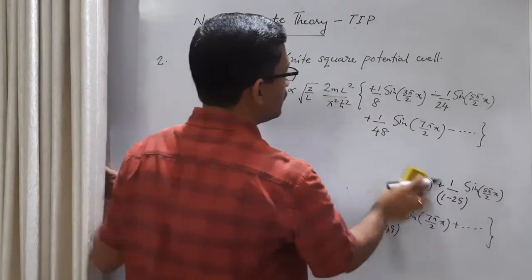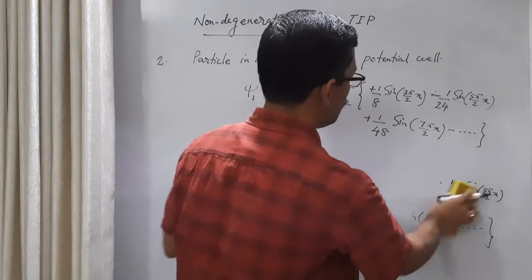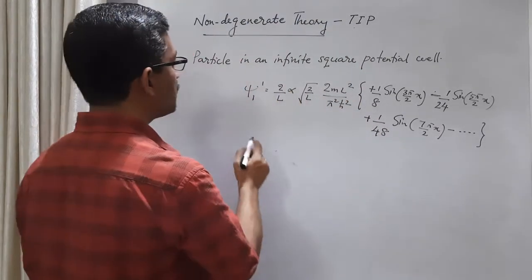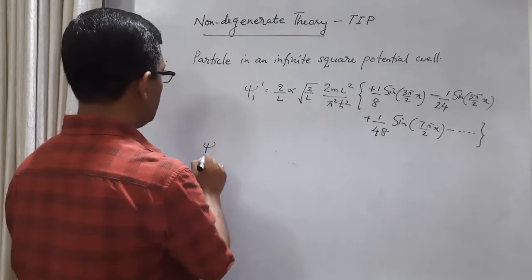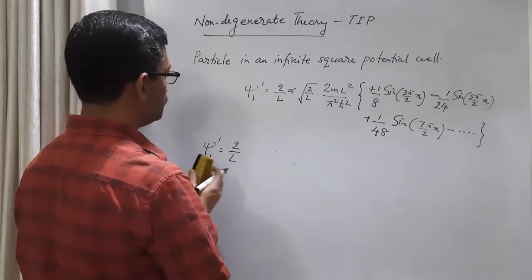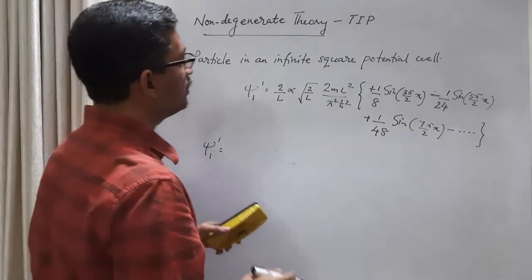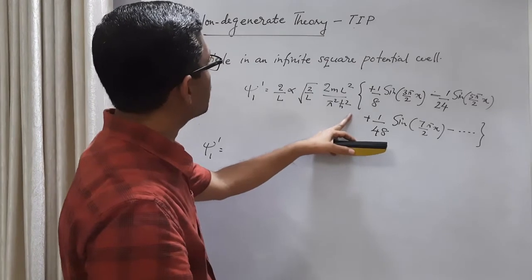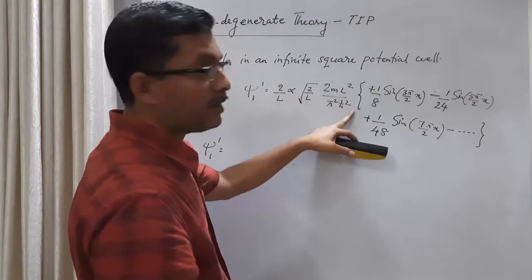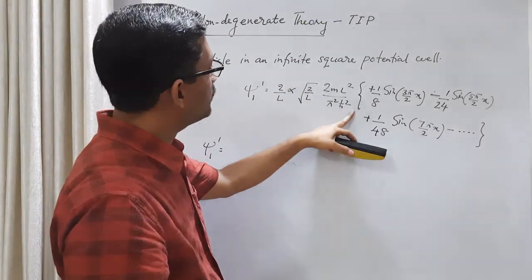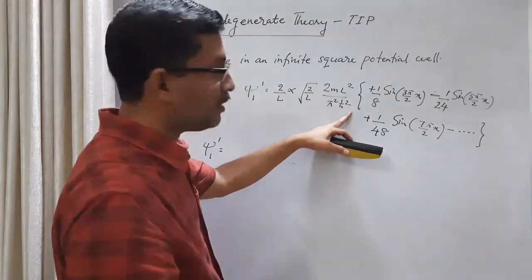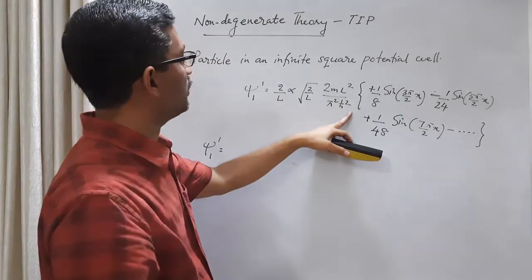Now you can take 1 by 8, 1 by 24, 1 by 48. So 8 is common, and you can take 1 by 8 outside. So we have psi 1 1 is equal to 2 by L. Let us simplify all these terms. I can take a 1 by 8 outside. So we have 2 into 2, 4, and 4 and 1 by 8 we can cancel, so there will be a 1 by 2 in the denominator. This root 2 and 1 by 2 you can cancel, so there will be a 1 by root 2, root 2 in the denominator.